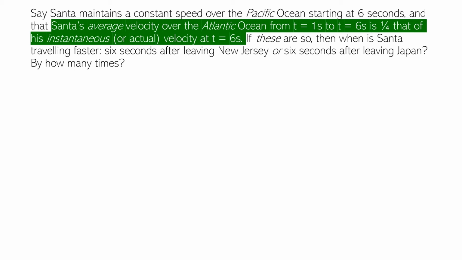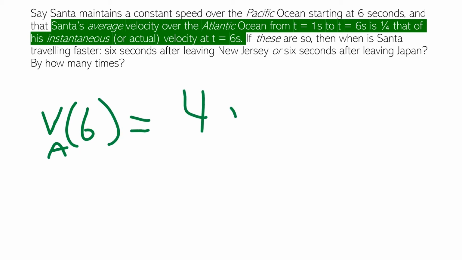Remember that instantaneous velocity and average velocity don't always mean the same thing. And in this case, we know that Santa is traveling 4 times faster at 6 seconds than the average velocity. Therefore, we get an equation: v of 6, or his velocity at 6 seconds, is 4 times the average velocity.